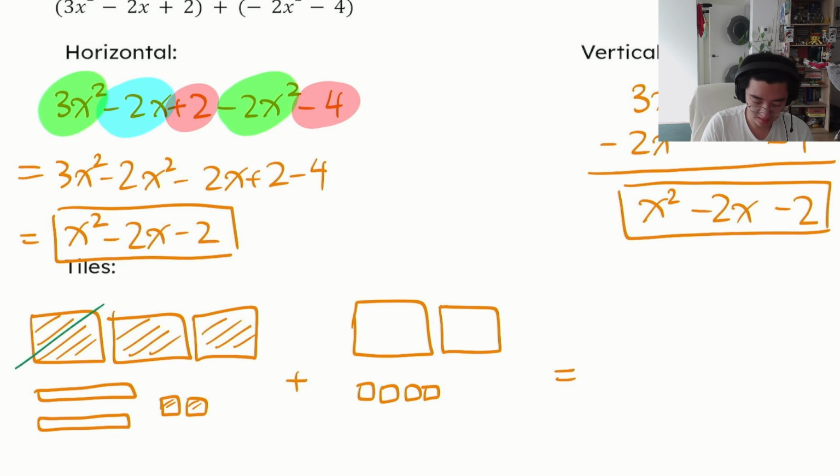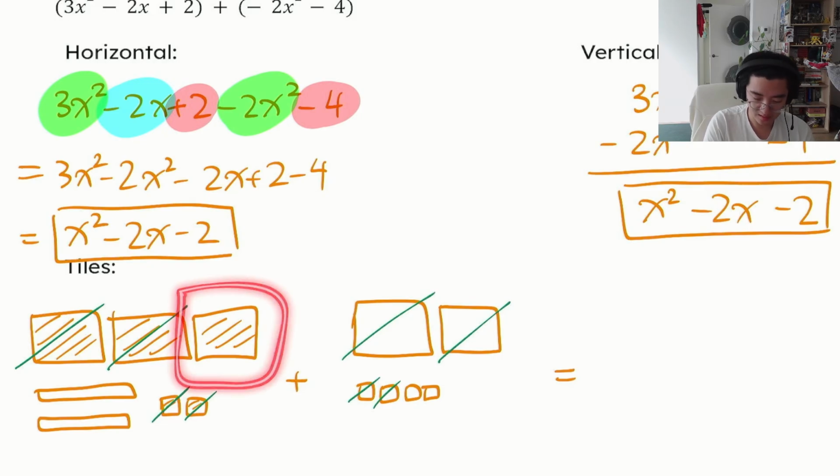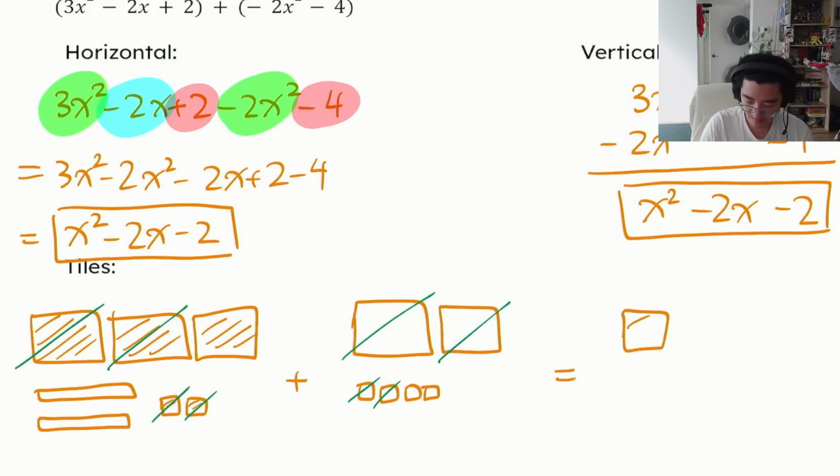And then right here, we just cancel everything out. So we can cancel out the x squared tiles like this, because it's mix and match. We can cancel out 2 of those. Now what we are left with is 1 of the big x squared tiles, that's positive.